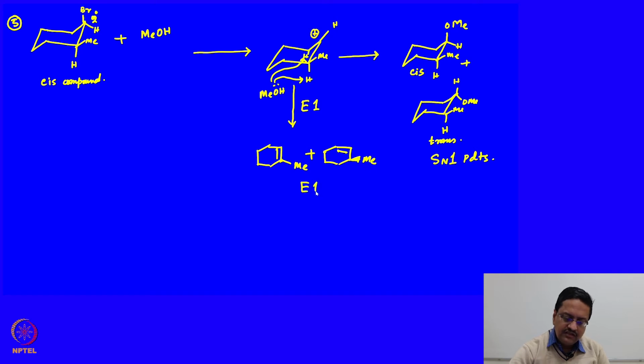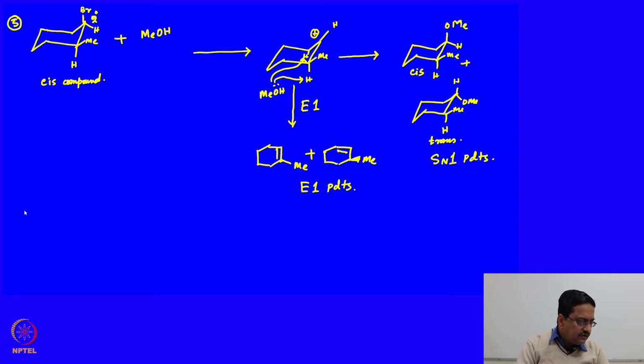These are E1 products. So, under this reaction medium, you will simultaneously get two different sets of products. One set are SN1 products, the substitution products, and the other are the elimination products.